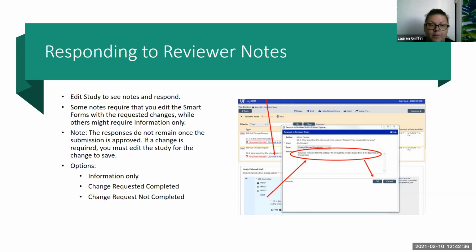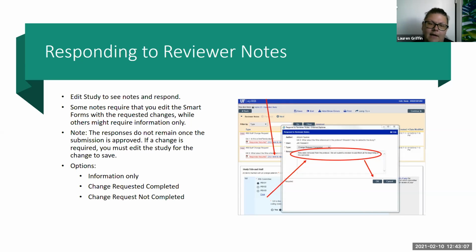One of the things that's really important is if you write in this little response box, here's how we're going to clarify our recruitment process. We are sending a flyer first, and then we're making a phone call, and then we're sending an email. If you put it in that box, it doesn't necessarily show up in later reviews. We do have access to it, but it's much easier and much smoother to make those changes in the smart forms or in your documents themselves.